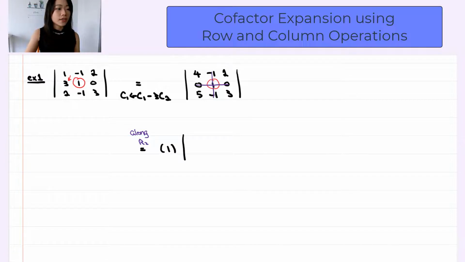The 4 entries left are 4, 2, 5, and 3, which equals 1 times the determinant, 4 times 3 minus 2 times 5. So the determinant of this matrix is 2.